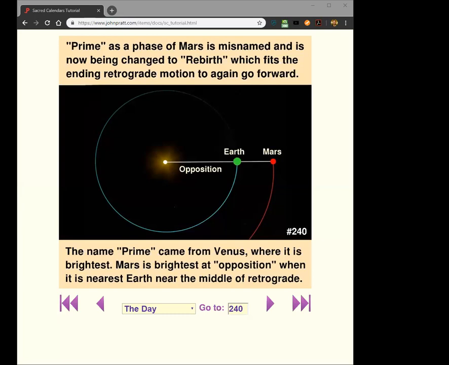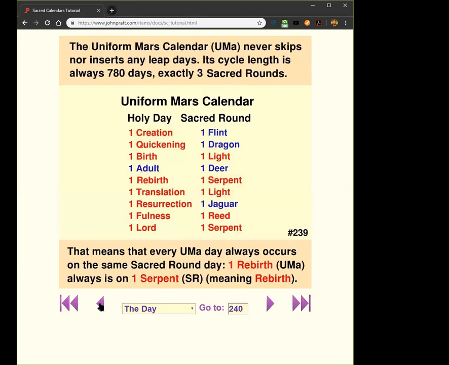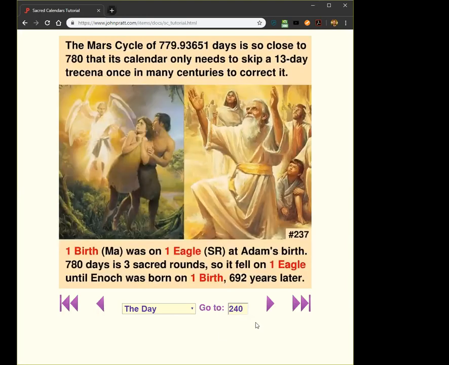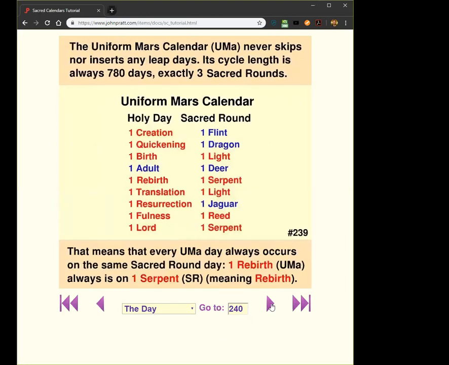Okay, well, hello, everybody. We're starting tonight on slide 240. We've been introducing the Mars calendar, and on the last slide, we've looked at the Mars ages, we've looked at the Mars cycle, the 9 phases, including how the rebirth, adult and rebirth, is really good because it actually goes backwards in the retrograde motion.